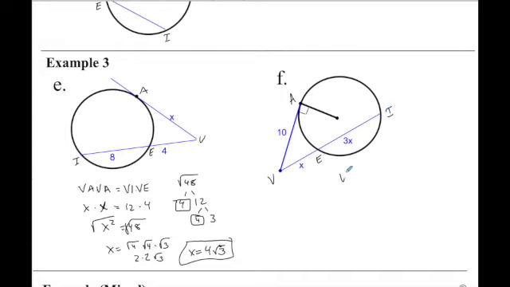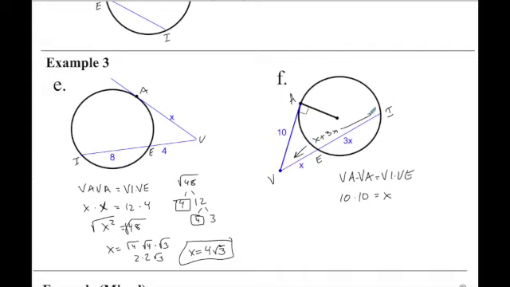So in my formula, I've got VA, which is 10, times VA, which is another 10. And I have VE, which is X, times VI, which is X plus 3X. And I'm just going to put that down. X plus 3X for that one.